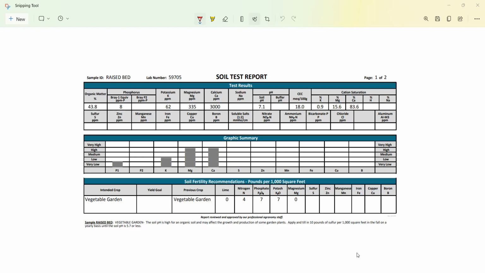So we're going to multiply these numbers by 0.06. So 4 times 0.06. We really are only going to need to apply like a quarter to a half a pound of nitrogen in the space. You know, just trying to bring those numbers down, because 1,000 square feet is the lowest area that they're going to tell you.